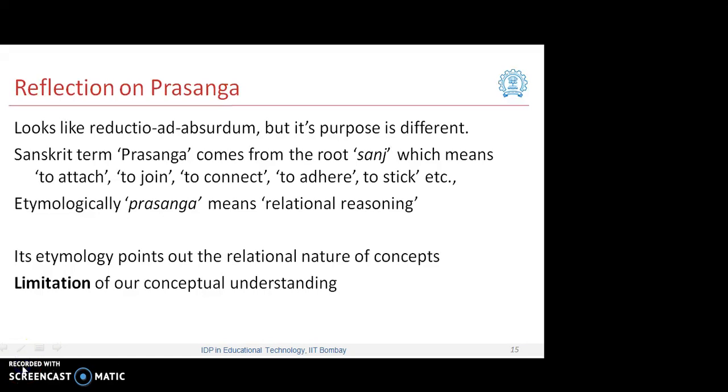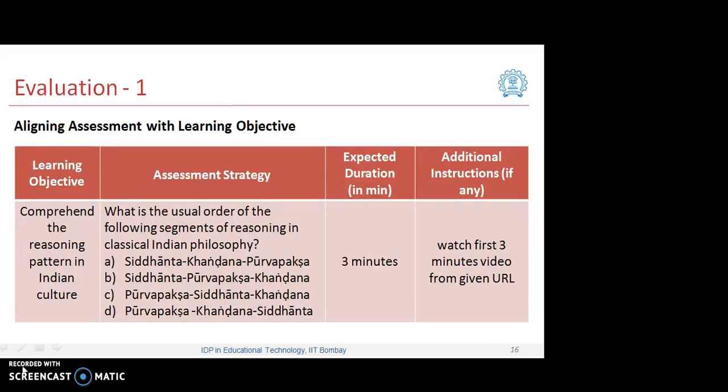Now let us come back to the three questions which students were supposed to answer by watching the video. So consider the first question: what is the usual order of the following segments of reasoning in classical Indian philosophy?